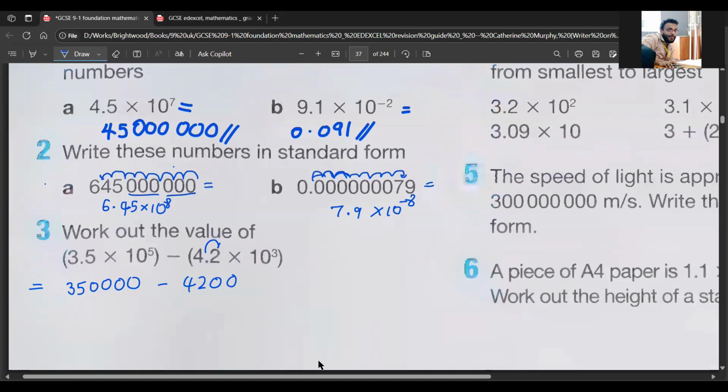Actually, it should be subtraction: 350,000 minus 4,200.